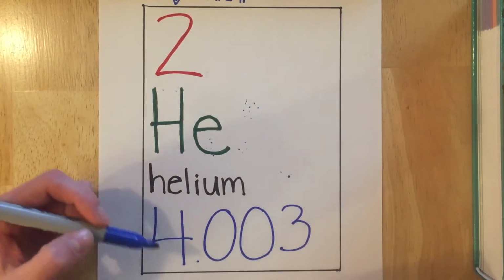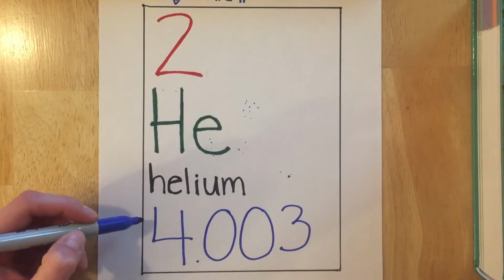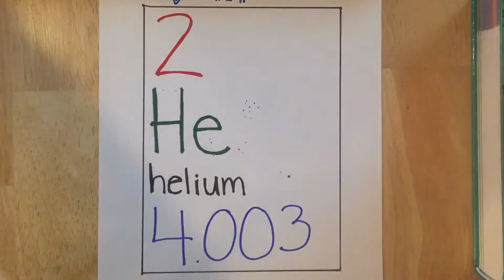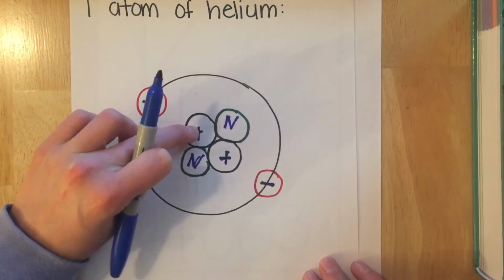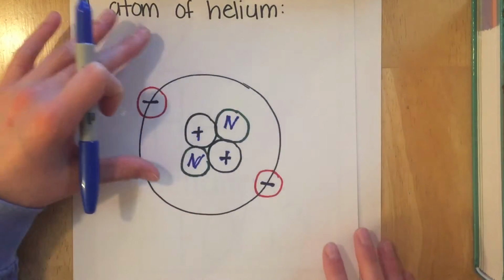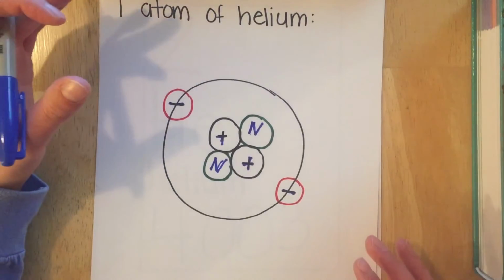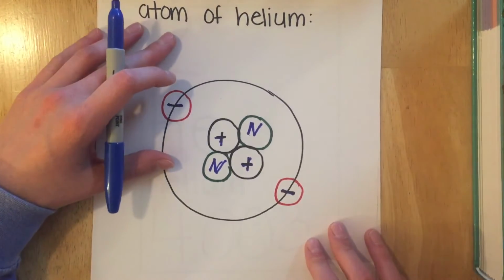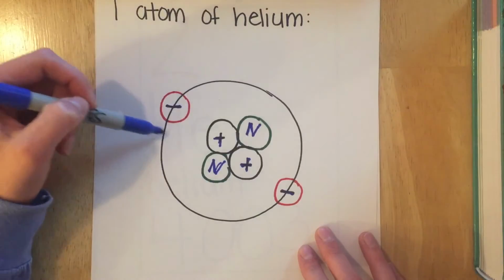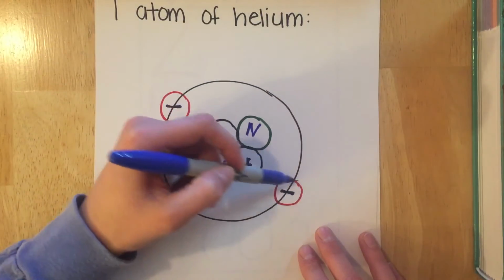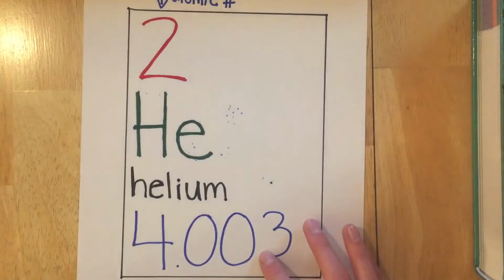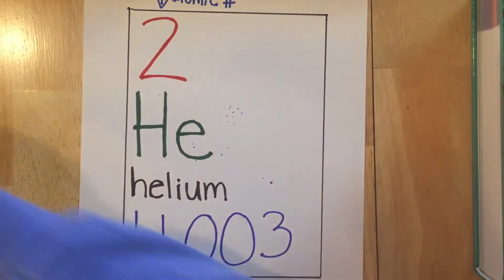In helium, we see the mass as 4.003. This is 2 protons, 2 neutrons. Typically, the number of neutrons equals the number of protons, except for special cases called isotopes, plus a little extra from electrons. And with that, we get 4.003.